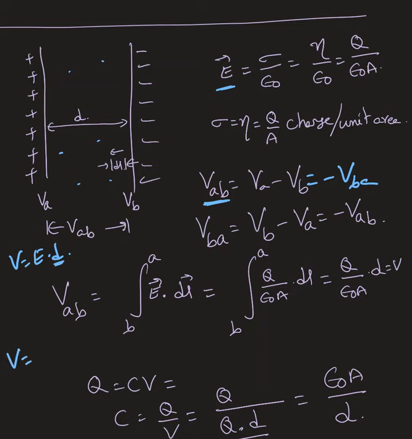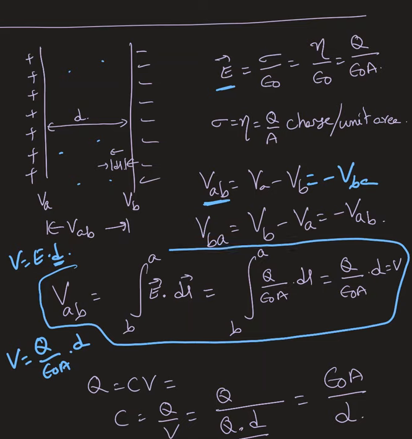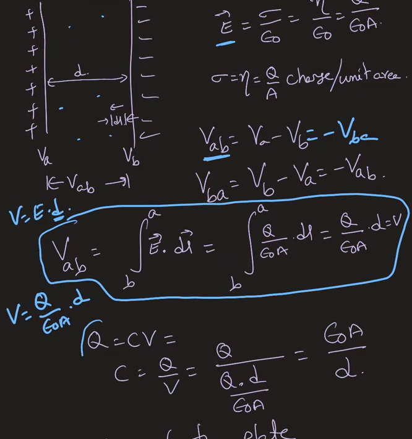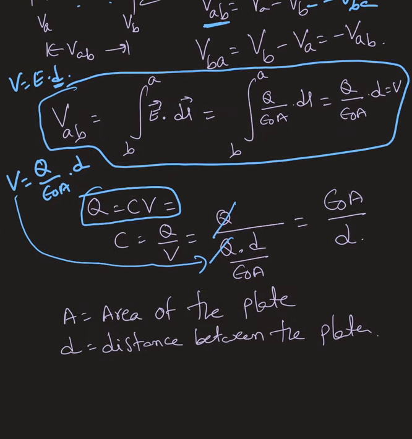So I can write V equal to Q over epsilon naught times A, times D. I indicated that in a different manner by integrating, but you will end up with V equal to Q times D over epsilon naught A. We already found that Q equal to CV, so C equal to Q over V. Substituting, Q over Q times D over epsilon naught A, so Q gets cancelled out. So C equal to epsilon naught A over D.